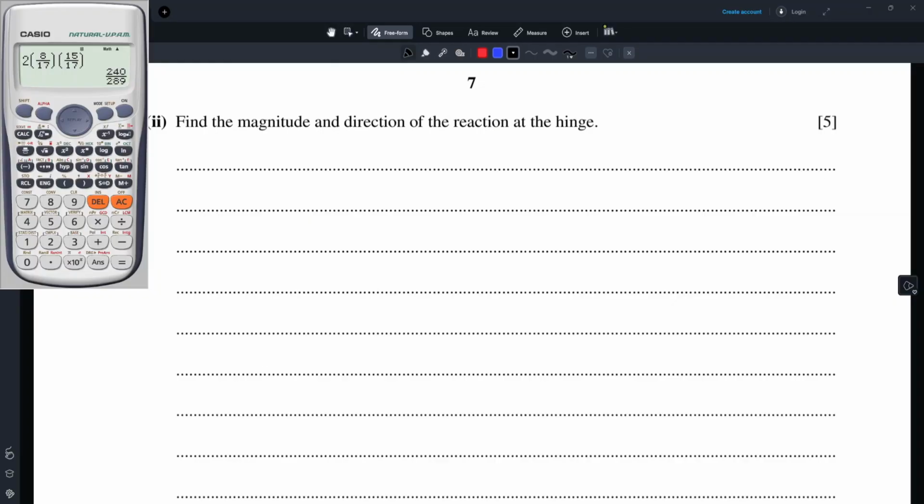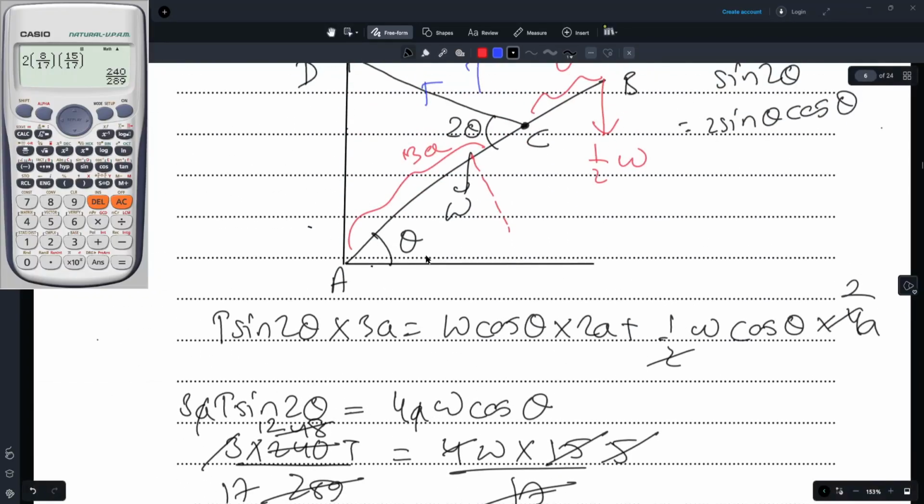So it has to be downwards, not upwards. If it is acute, it's supposed to be towards southwest, or in this direction, basically. The rod is hit upwards and the hinge experiences it downwards.